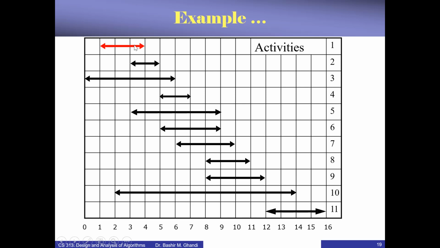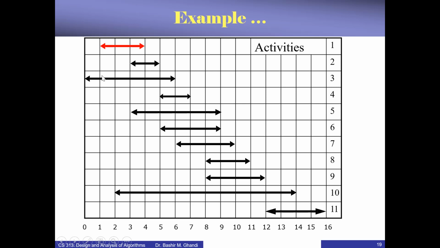Then all we have to do now is loop through the activities from 2, 3, and so on until we find one whose starting time is after the finishing time of A1. So obviously, if you look at A2 here, its starting time is before the finishing of A1, so we're not going to accept it. So our m will not be 2.